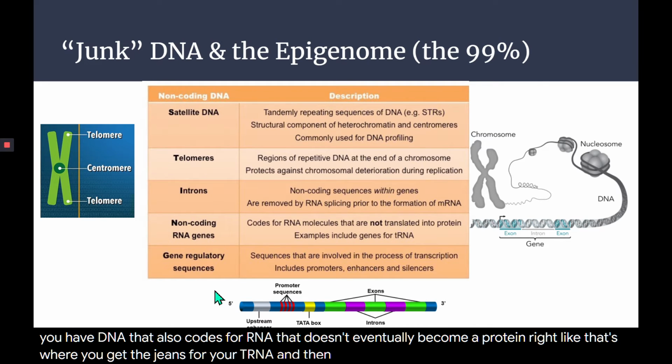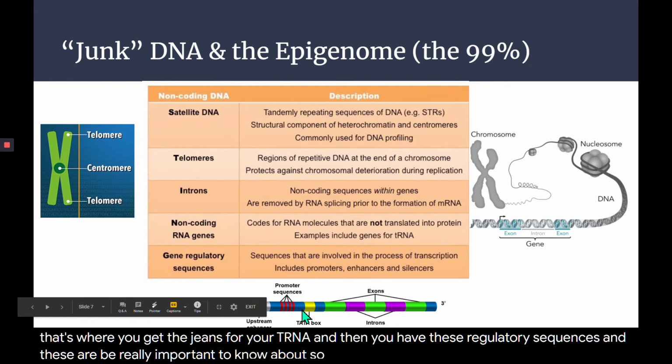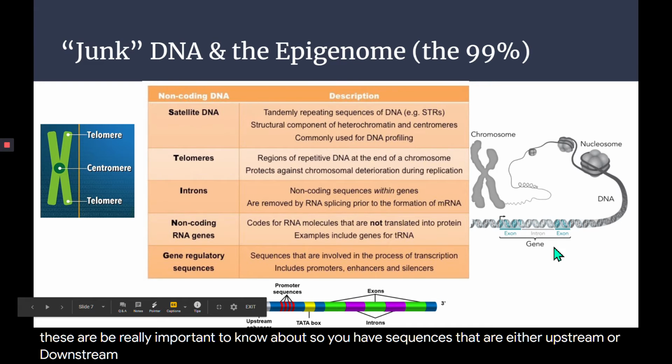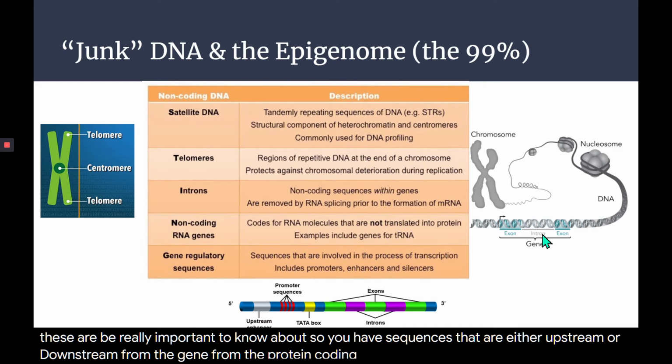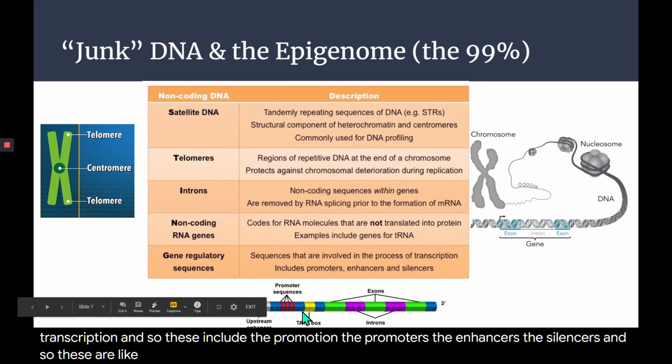And then you have these regulatory sequences, and these will be really important to know about. So you have sequences that are either upstream or downstream from the protein coding sequence, and these are involved in transcription. These include the promoters, the enhancers, the silencers, and so these are like switches that turn gene transcription on and off.